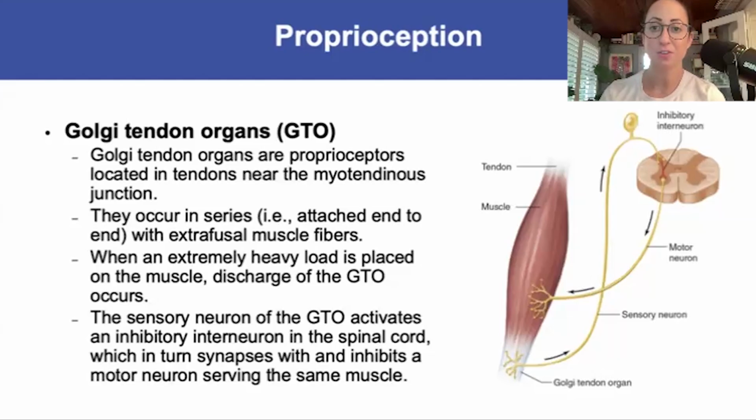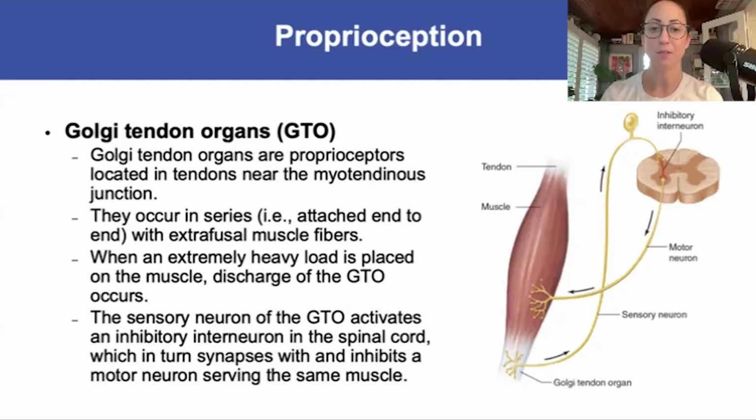The GTO attaches to the extrafusal muscle fibers, and it's activated by a tendon stretch, and it relays information back to the spinal cord as well to tell the muscle to relax. So the pathway for the GTO is similar, but the effect is different. So we have this GTO in the myotendinous junction, where tendon and muscle kind of start to coalesce and become one. And it's going to sense some sort of lengthening or a stretch of the tendon.